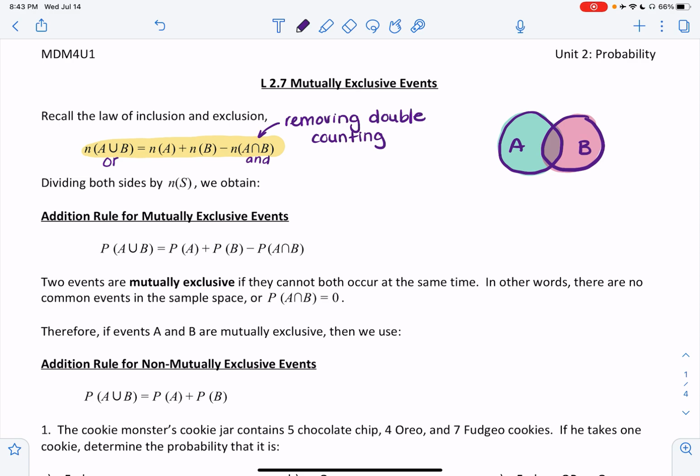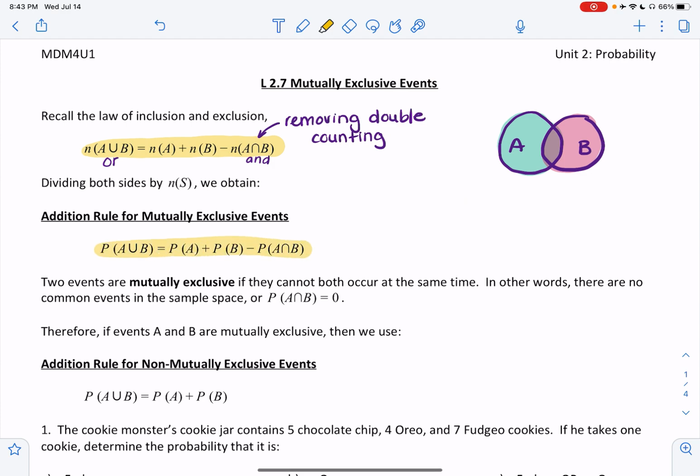So that's what this subtraction piece over here is all about. Now what we can do with this law is just divide both sides by S. If I divide this side by the number of elements in my sample space, and this side by the number of elements in my sample space, I am left with the following equation.